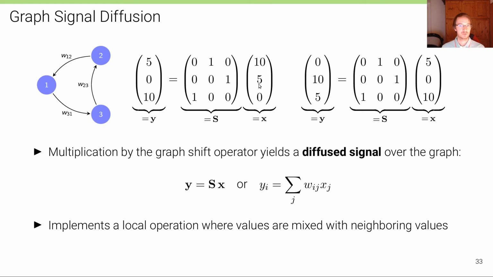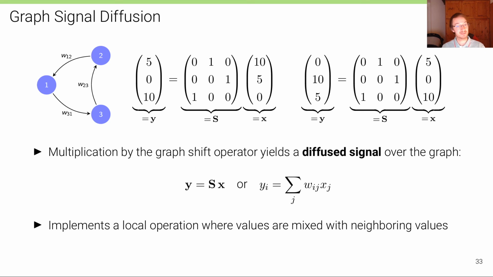Node 2 was represented with value 5 before, and now after applying the shift operator, node 1 is represented with value 5. Similarly, node 1 influences node 3, so the 10 is now transferred. In this case, it's just a simple permutation matrix. It's transferred to the 3rd location in that vector. And you can imagine now what happens if you have multiple arrows that point to one node.